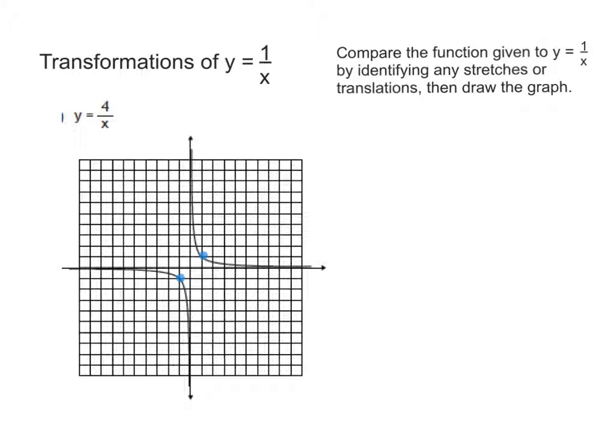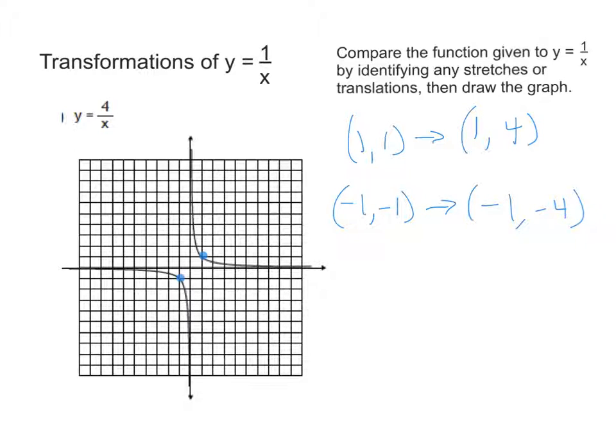At 1, 1, and at -1, -1, where did those points go when you transform them? 1, 4, and -1, -4. Right. Because it's just the mapping rule there that we talked about, (x, y) maps to (x, 4y). So you have these points at 1, 4, and at -1, -4 for the new graph.